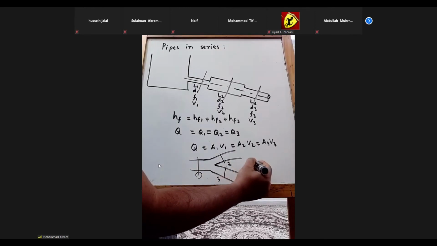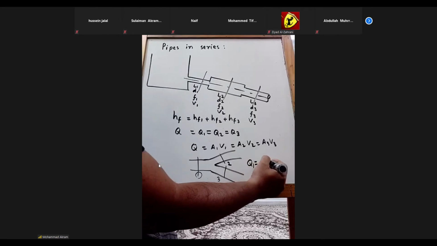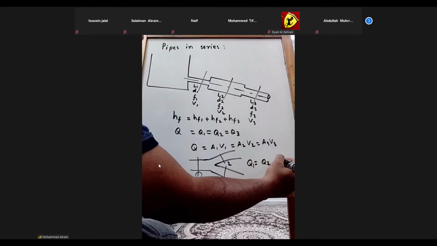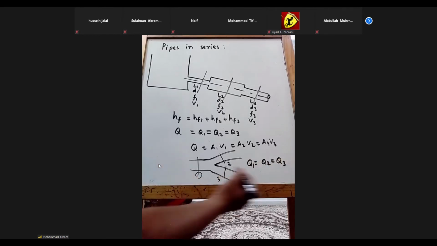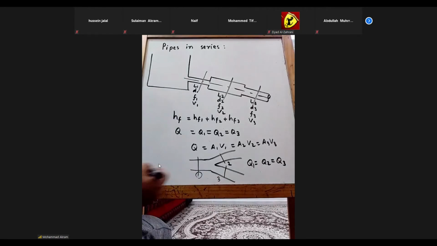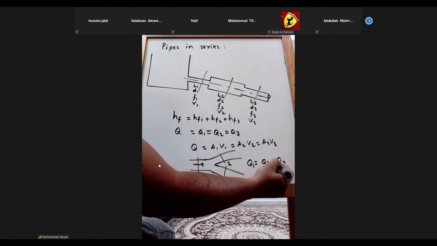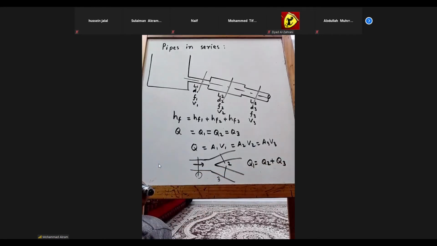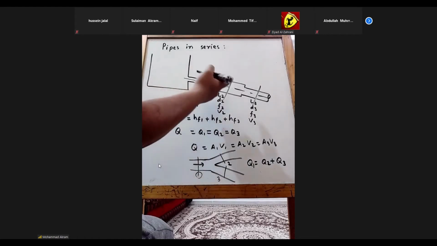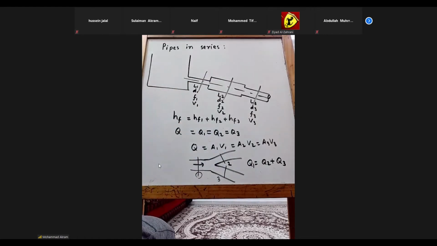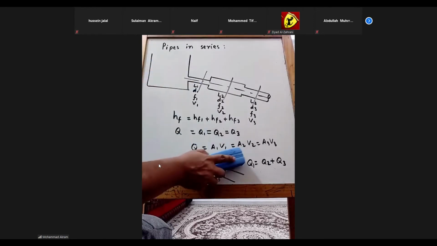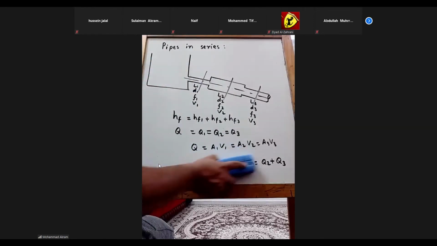Whether Q1 is equal to Q2, Q3, is it like this? No. There it will be Q1 equals Q2 plus Q3, because the mass has divided into two, right? So this is called branching. The earlier case is pipes in series.